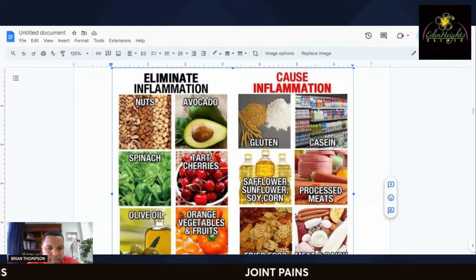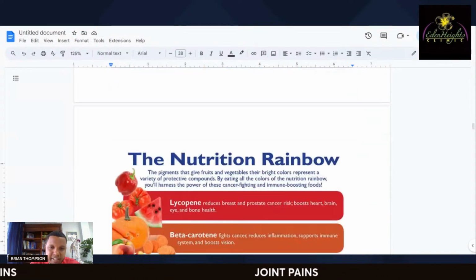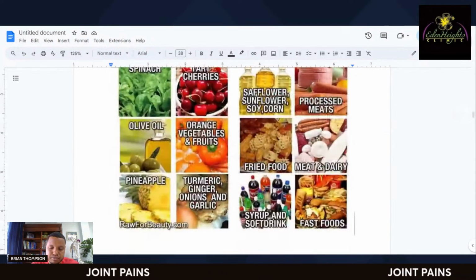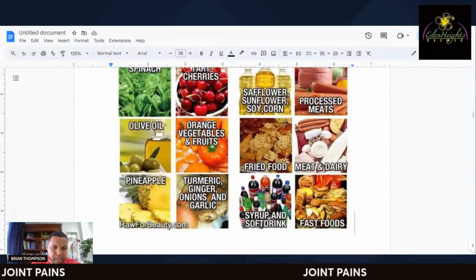Oranges and vegetables. Now, oranges, naturally, because of the citric acid, it can cause pain. But it's actually used to help rid the body of inflammation as well. So while it may cause a little pain, it can contribute to helping rid inflammation.